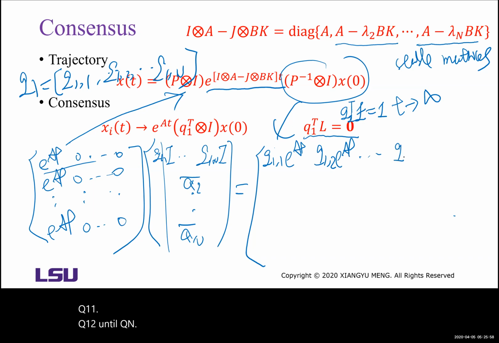You have Q1n exponential At. The same for the second row.